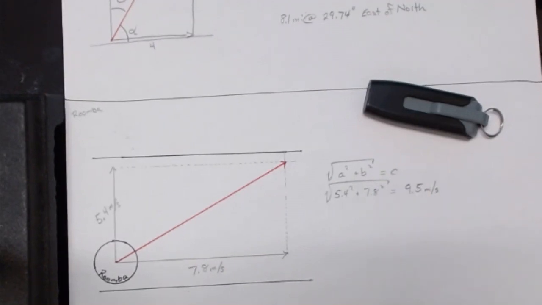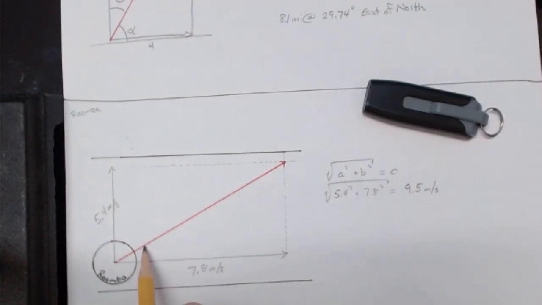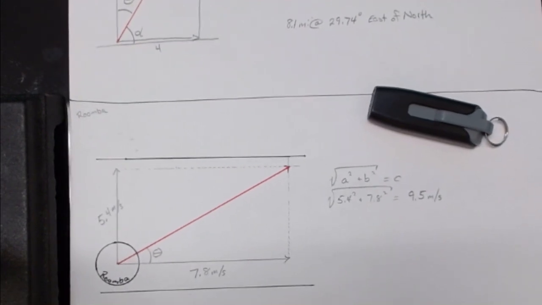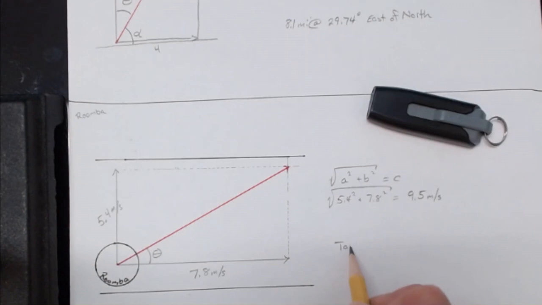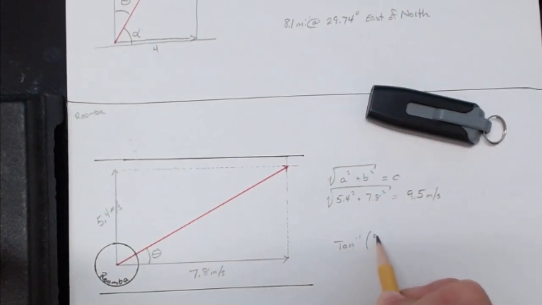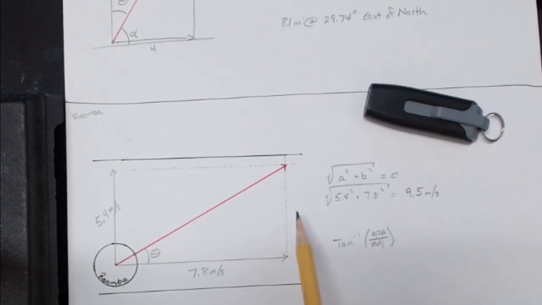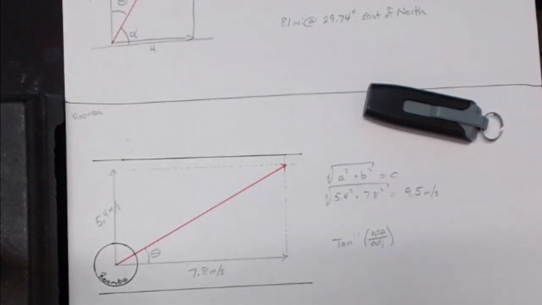Next thing, I've got to solve for an angle. So let's choose this angle right here. What function am I going to use? We're going to use the inverse tangent. Now, wait a minute. This is opposite over adjacent. I don't have a value here for this opposite side. Yes, you do. Or do I? Because this is a parallelogram, meaning that opposite sides are parallel and therefore congruent.